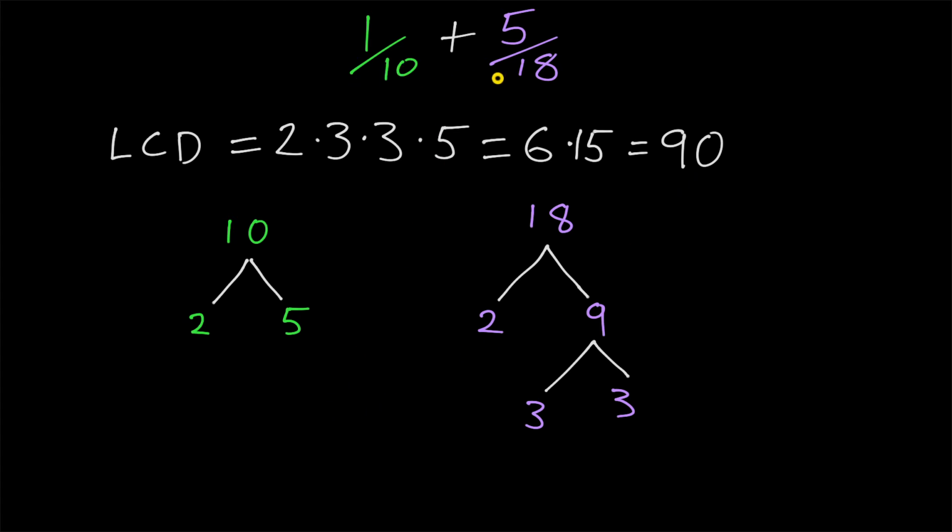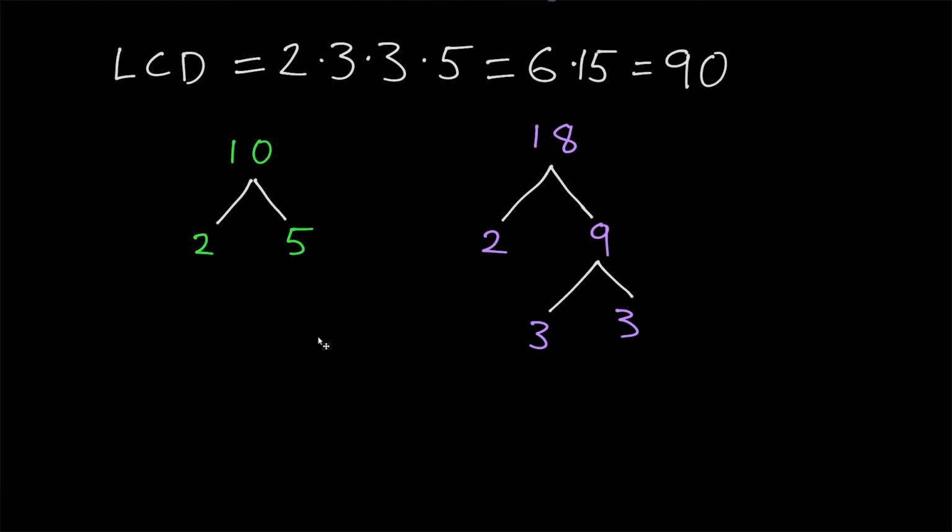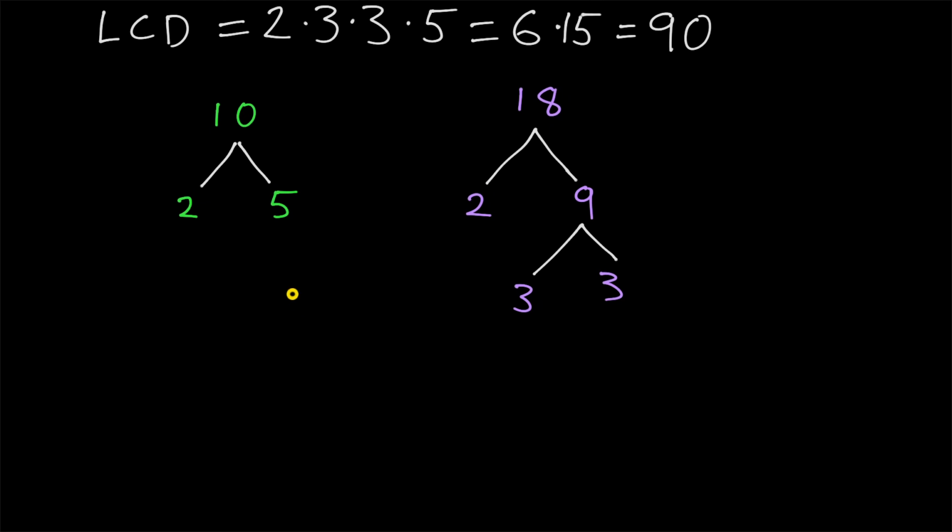So let's go back to our original problem here. We're trying to add 1 over 10 and 5 over 18. And I'm claiming that we should be converting 1 over 10 and 5 over 18 into equivalent fractions that have a denominator of 90. So how are we going to do that? Let me just rewrite our problem down here. We're going to add 1 over 10 and 5 over 18.